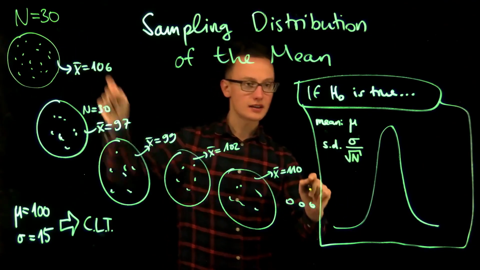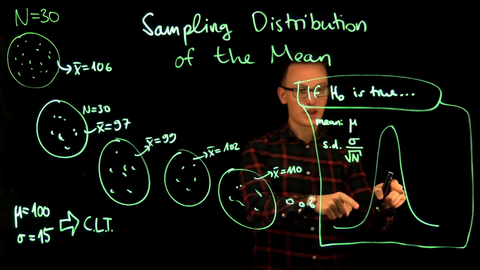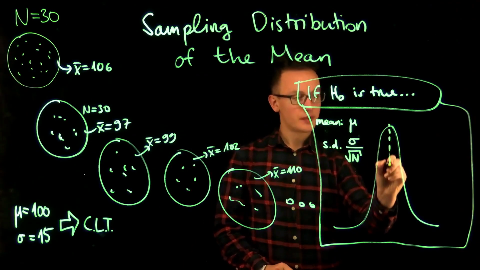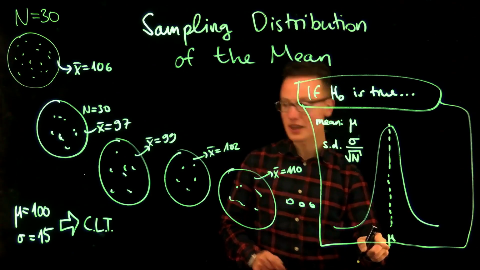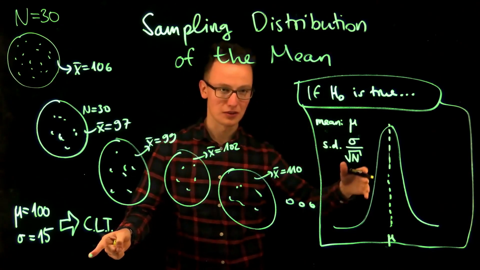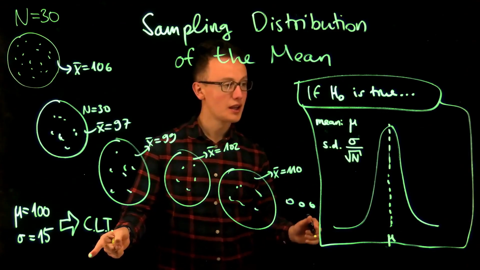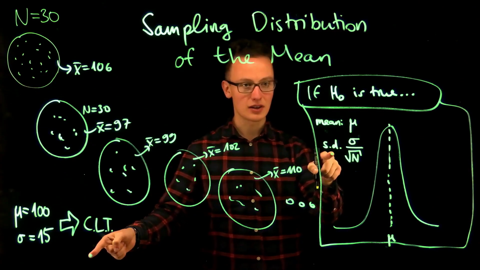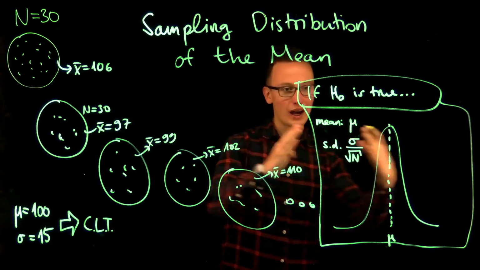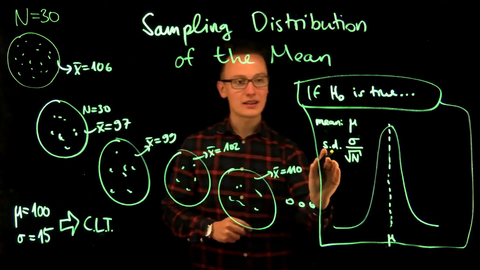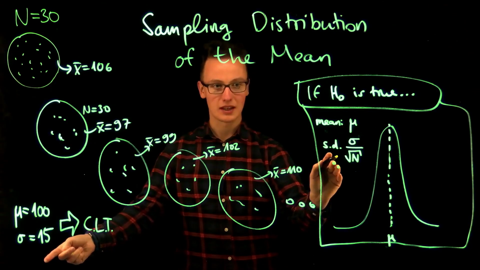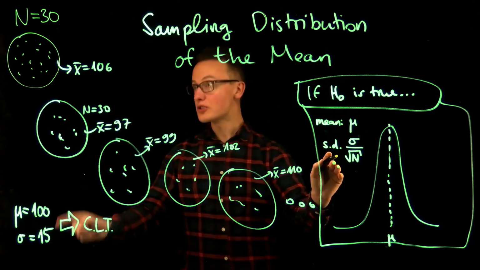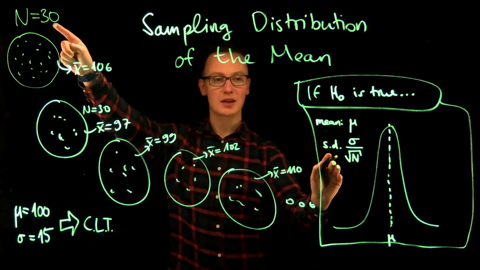So you can see that this sampling distribution of the mean will have the same average value, the same peak as the population distribution of IQ scores, but crucially its standard deviation, how wide or thin it is, is now also dependent. It's obviously dependent on the population standard deviation, but it's also dependent on which sample size I pick.